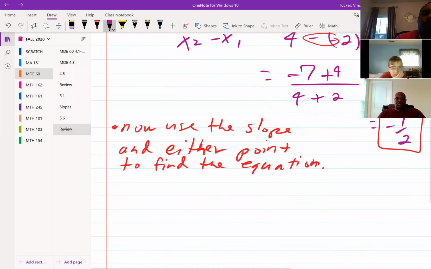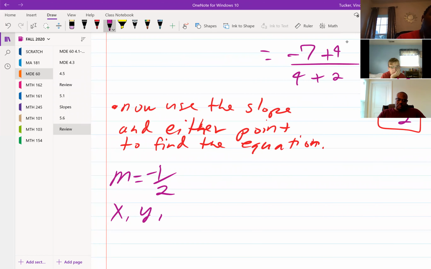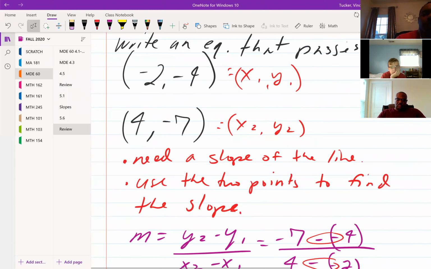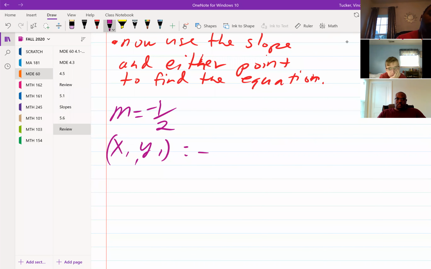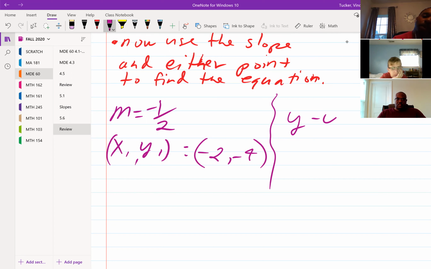Slope is -1/2. x1, y1 was -2, -4. Once again, you could use either point, doesn't matter. So that's y minus y1 equal to m times x minus x1.